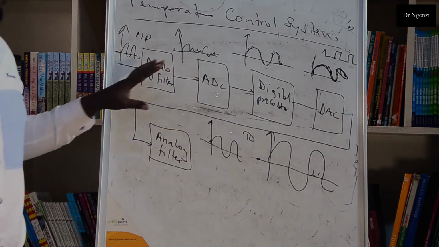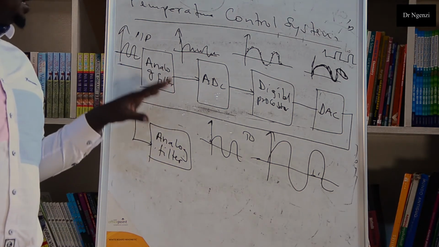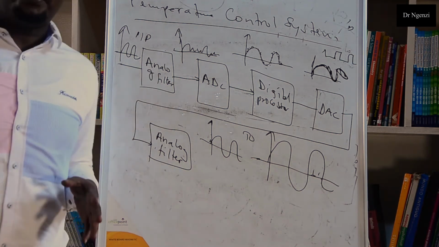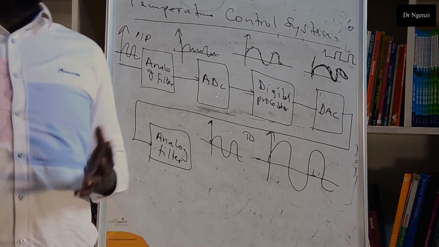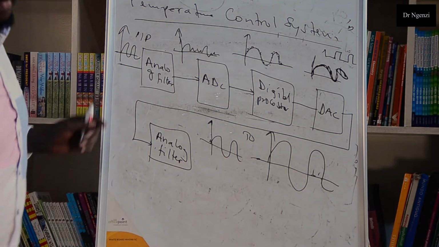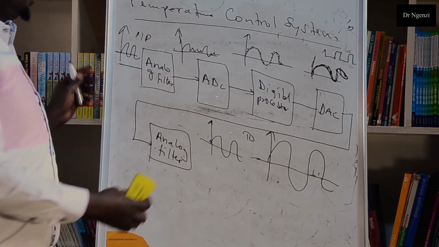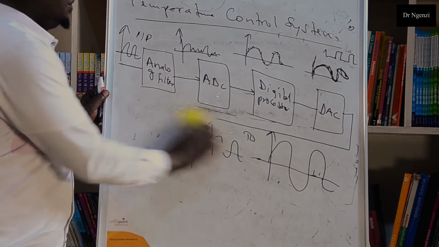So the question is: draw a sketch or diagram that shows the basic elements of DSP, and explain. Now we are reaching the stage where we explain one by one. We begin with analog, then we go to ADC, and so on and so forth.